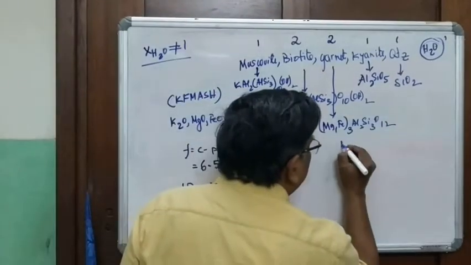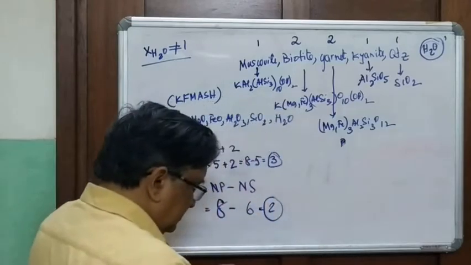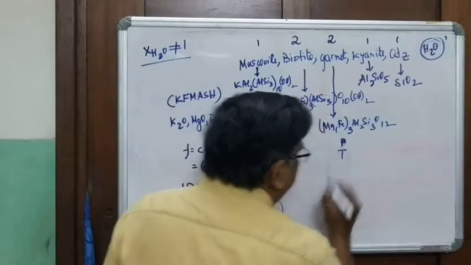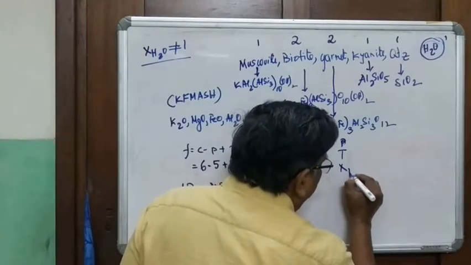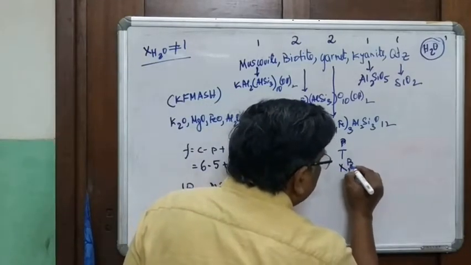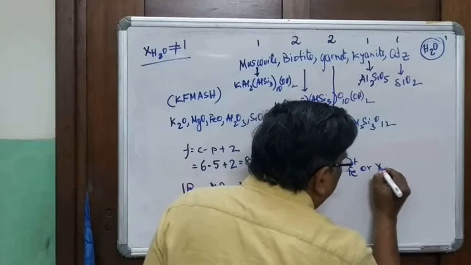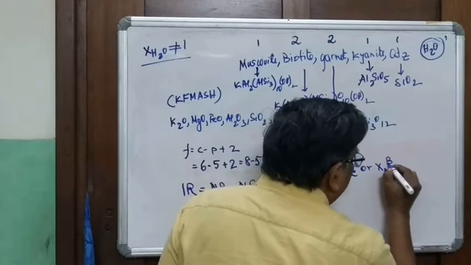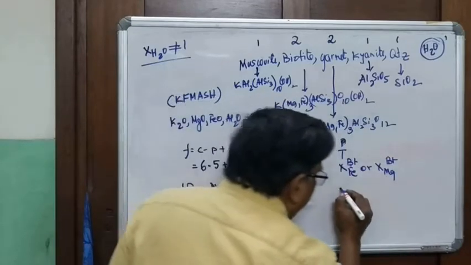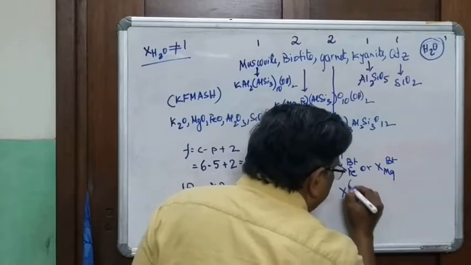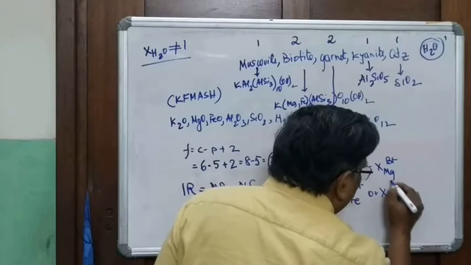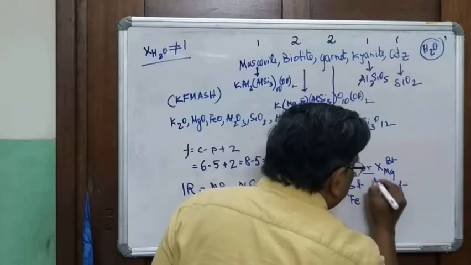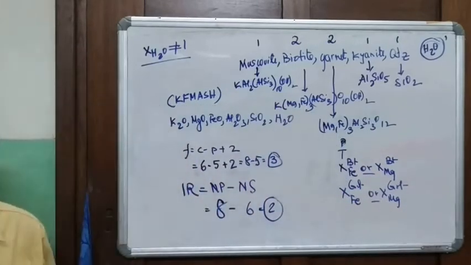Look here. Pressure, temperature. Now, XFe biotite or XMg biotite. XFe garnet or XMg garnet. These are important.